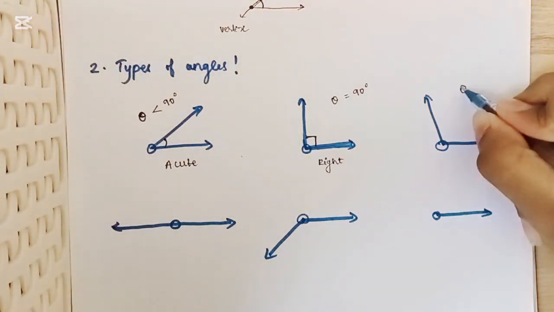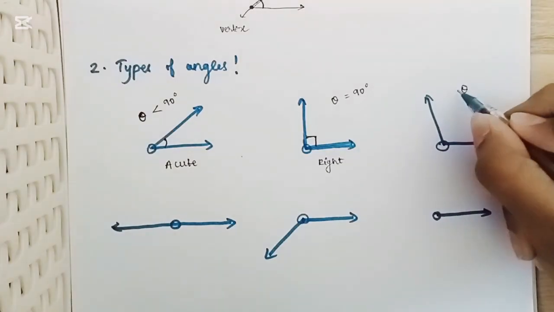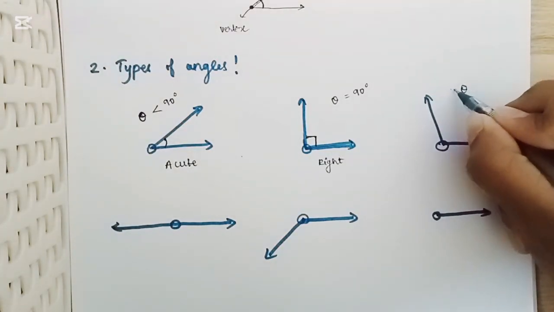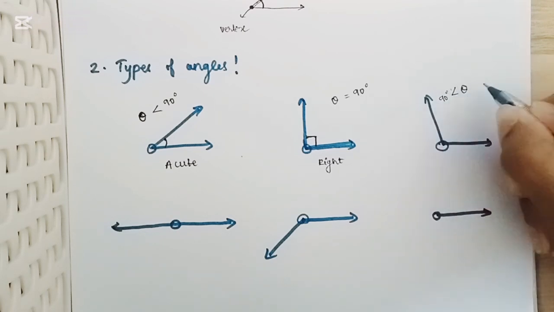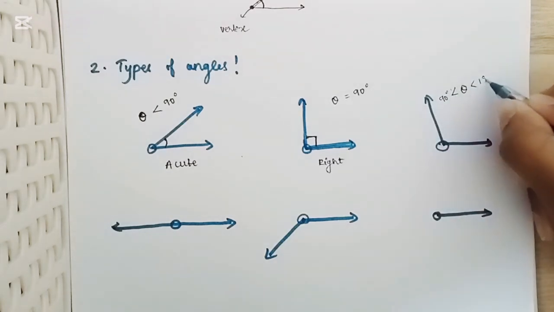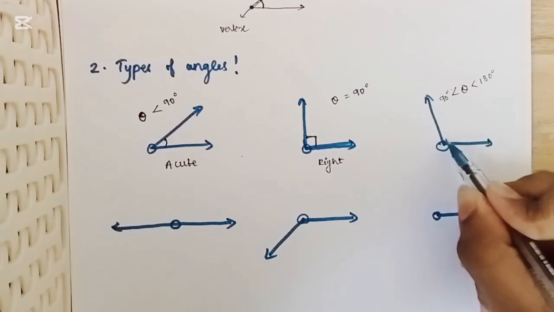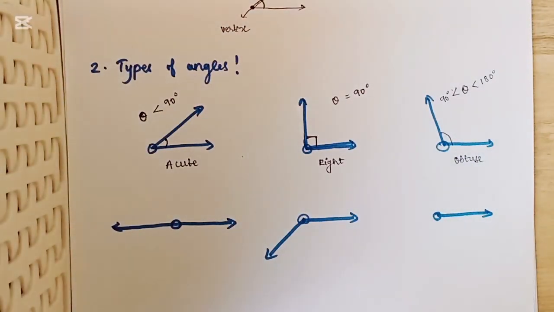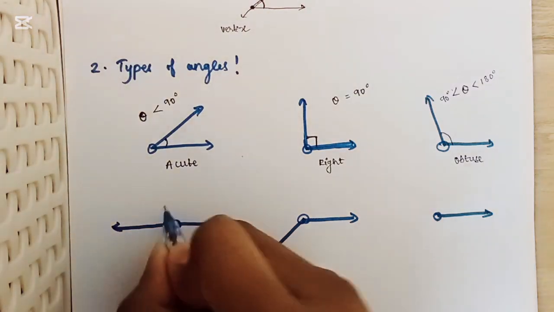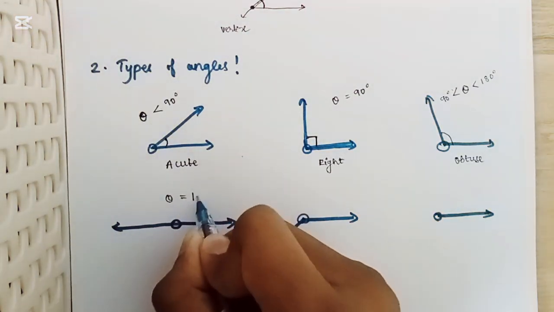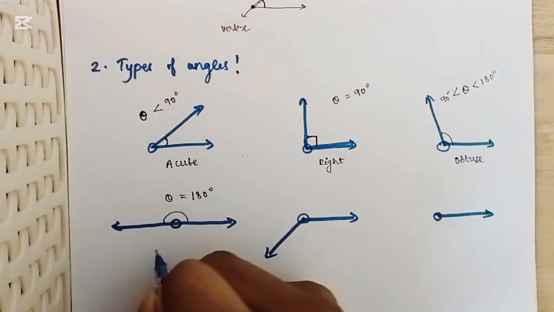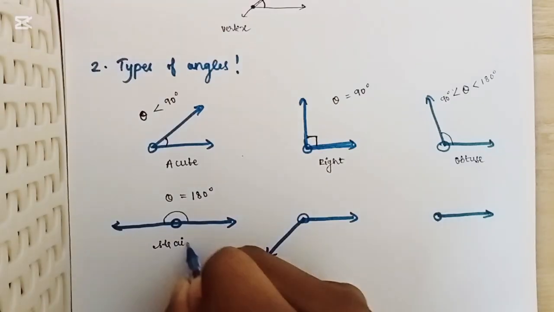This is when theta is larger than 90 degrees but less than 180 degrees, and this angle is called the obtuse angle. This angle is when theta is exactly equal to 180 degrees, and you represent it like this, and this is called the straight angle.